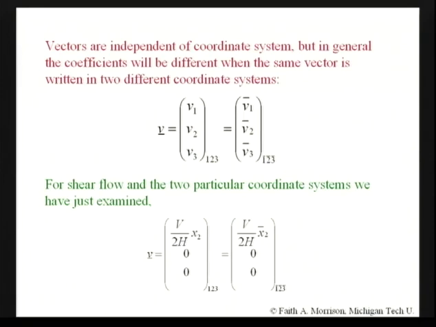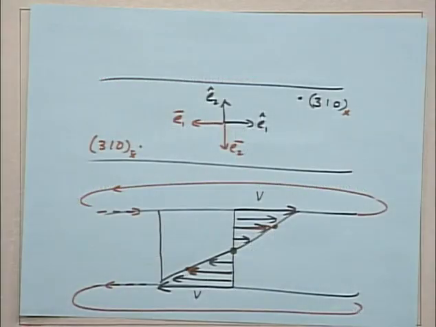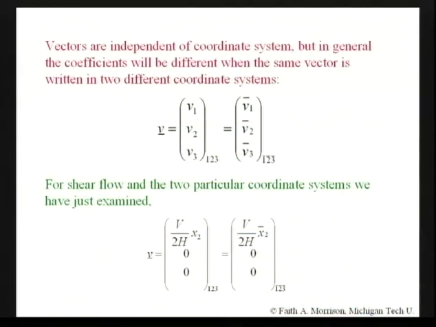So in general, when we write a velocity vector, it's independent of coordinate system. It's referring to the same velocity vector. When we write them specifically in these two coordinate systems, we get these two results. I'm about to write on the screen in a pen. Okay. If we write in the hat coordinate system, the velocity is equal to this velocity function, Vx. If we write it in the bar coordinate system, it's equal to this velocity function, which are the same.